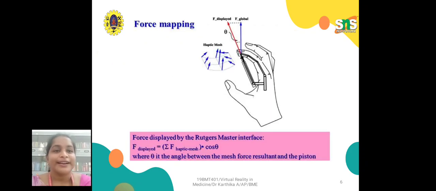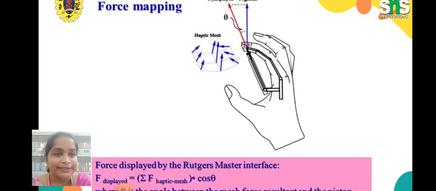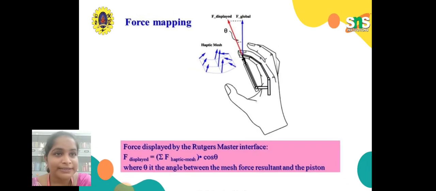So here, for force mapping, the force displayed by the Rutgers master interface, F displayed, is equal to the summation of F haptic mesh multiplied with cos theta, where theta is the angle between the mesh force resultant and the piston. See here the haptic mesh, force displayed and force global. Here we have the theta angle between the mesh force resultant and the piston.